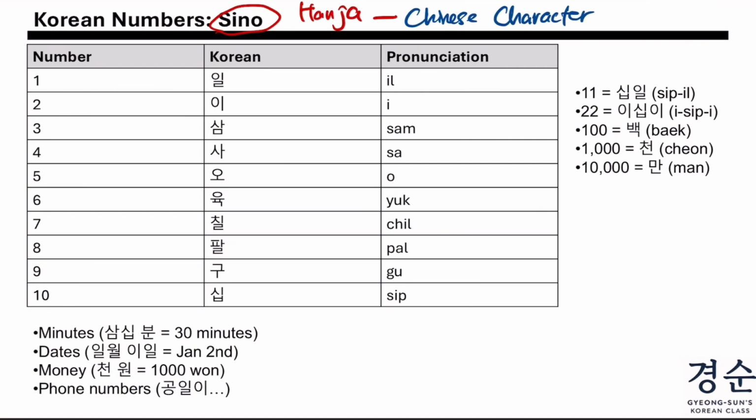Okay, let's see. 1 is called 일. Okay, and 2 is 이. And number 3 is 삼. 4 is 사. So basically, when you say 2 and 4, usually you can drag a little bit.